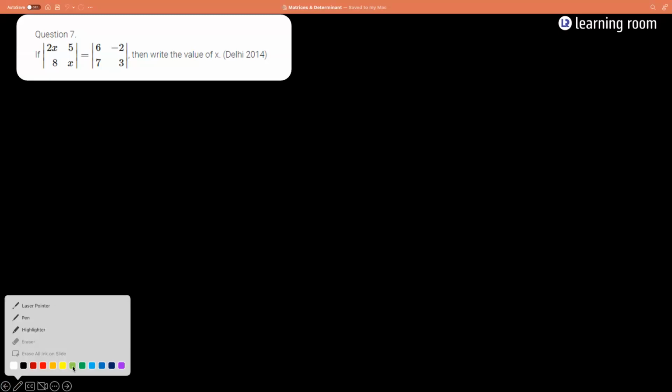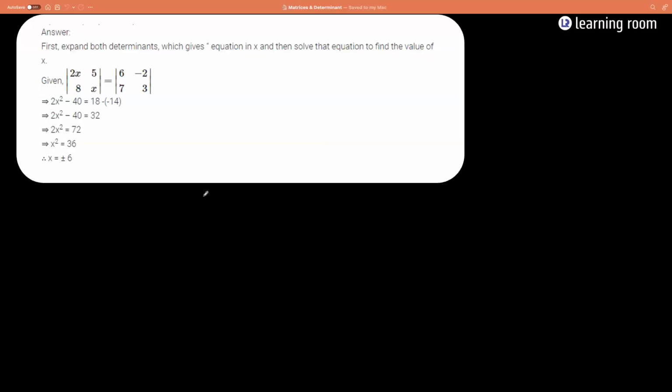Yes, sir. Okay, let me check. So 2x square minus 40 is equal to 18 plus 14, that is 32. So 2x square is equal to 72. x will be equal to plus or minus 6. This is simple, okay.